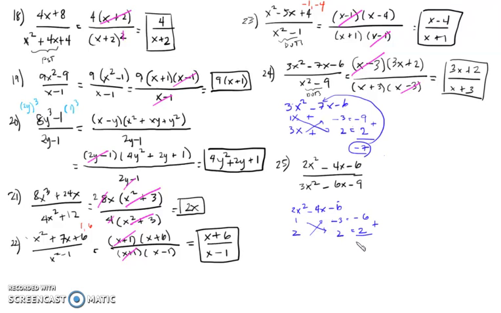Once I add these, it gives me negative 4. So that's what I need. Therefore, the factors of my numerator are x minus 3. Just put x here and then plus, copy the sign, x and then plus. So I have here 2x plus 2.